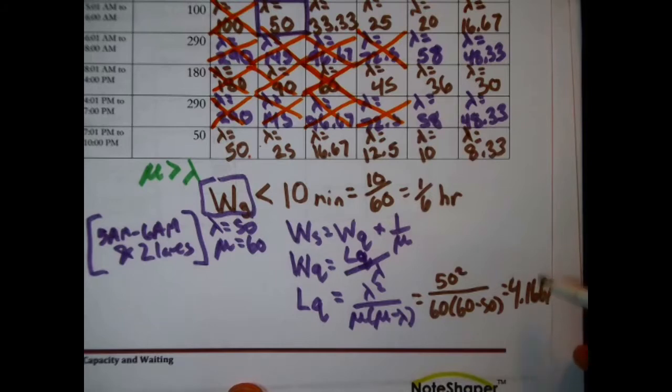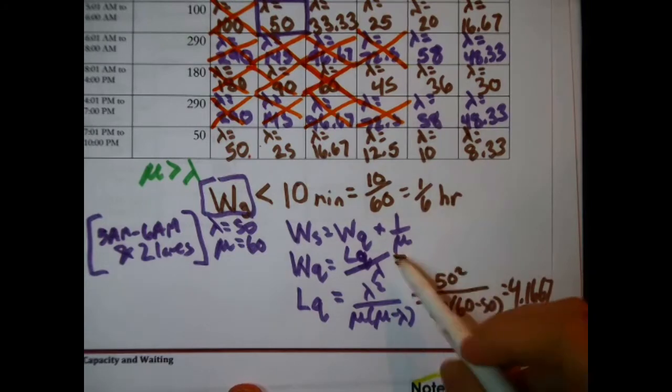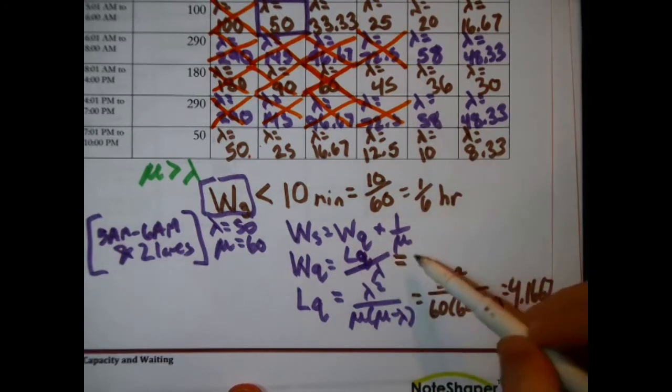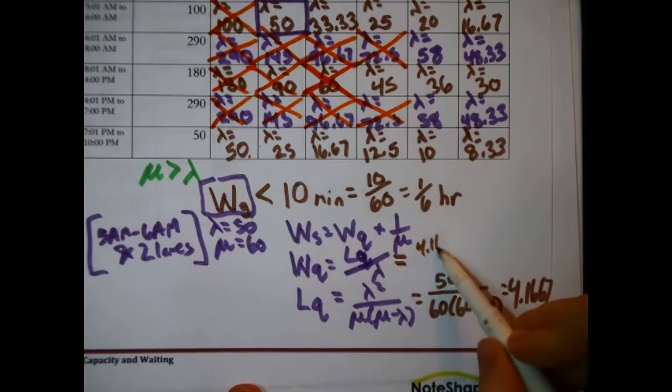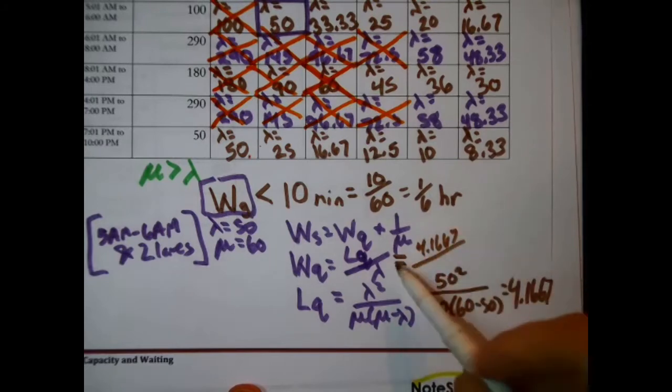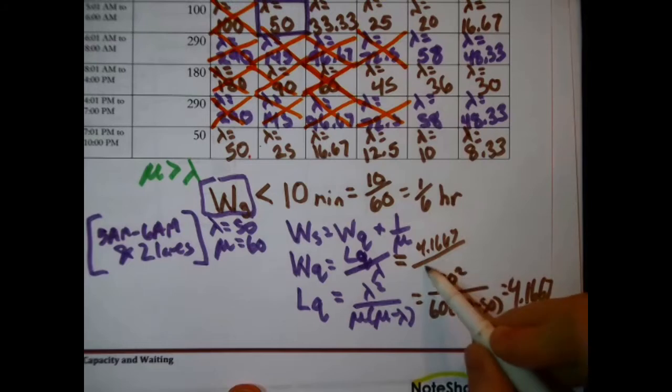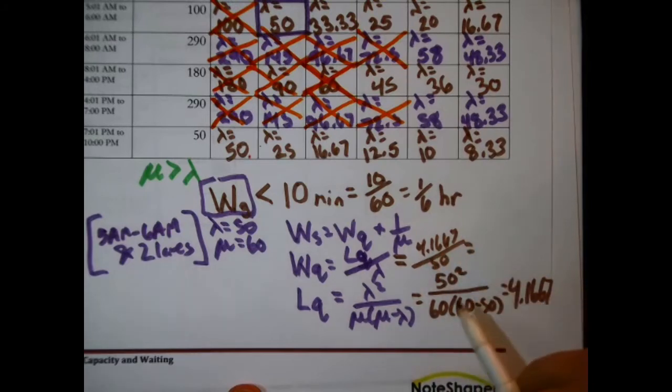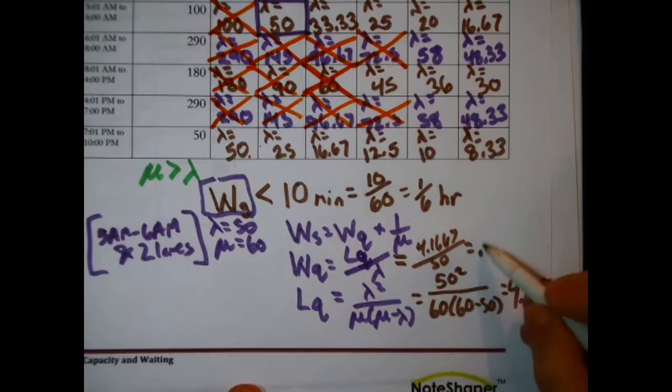Now, if you put that in your calculator, just keep that number and substitute it in up here: 4.1667 divided by lambda. Remember, lambda is 50. I did that and I saw 0.08333.